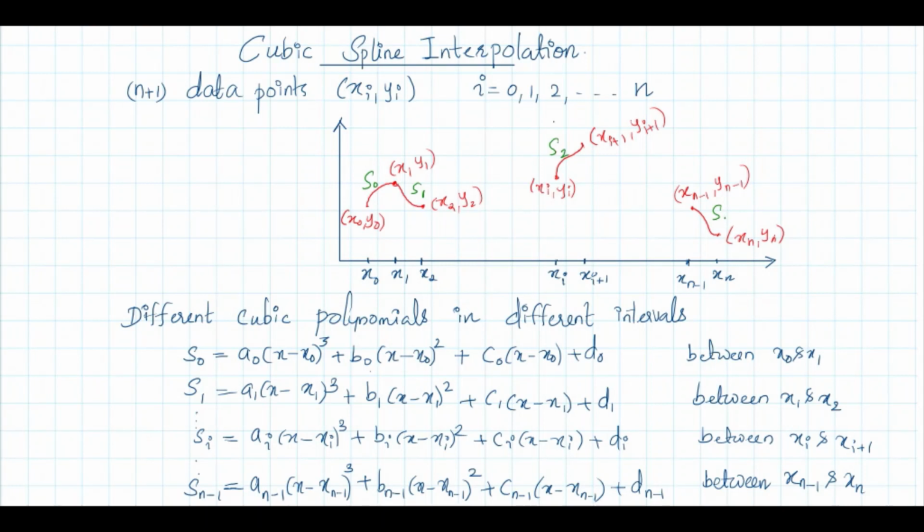Okay, the names start with the suffix of the initial point. So Sn minus 1 is an minus 1 into x minus xn minus 1 whole cube plus bn minus 1 into x minus xn minus 1 whole square plus cn minus 1 into x minus xn minus 1 plus dn minus 1. So these are the n splines we fitted between the n plus 1 data points. Okay, so we want to find these spline functions.